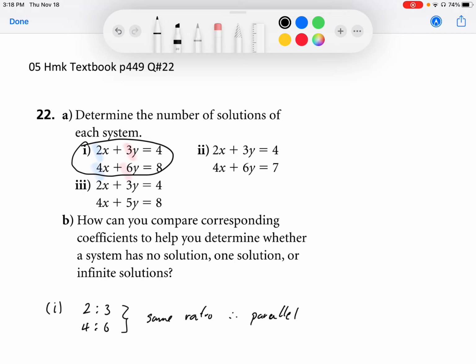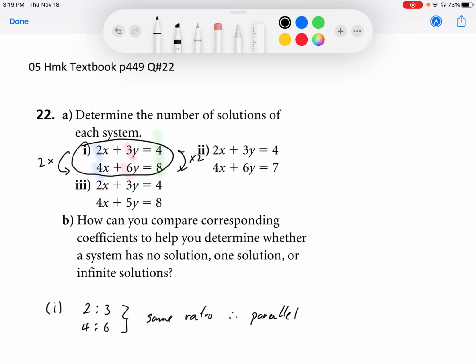Now, how do we determine if something's parallel or they are the same? Well, if the constant term is in the same proportion as the x's and y's, so we're doubling, notice that there's a doubling from one to the other. There's a doubling factor from going from the top to the bottom, that's times 2.